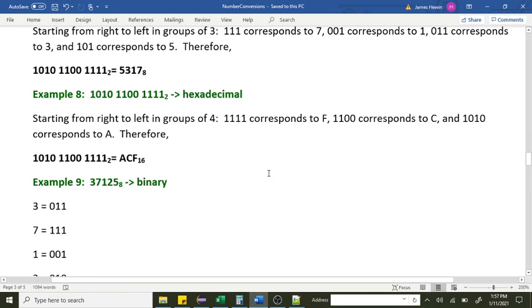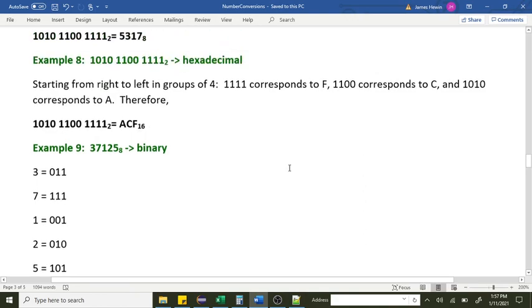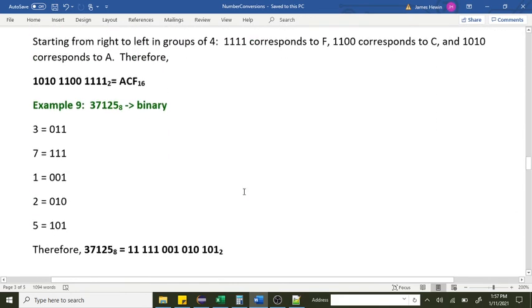Going from octal or hexadecimal to binary, we also do bit grouping.